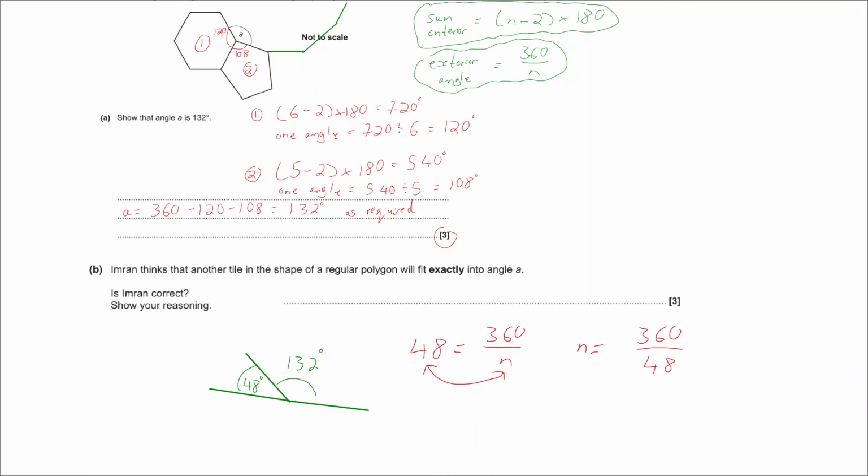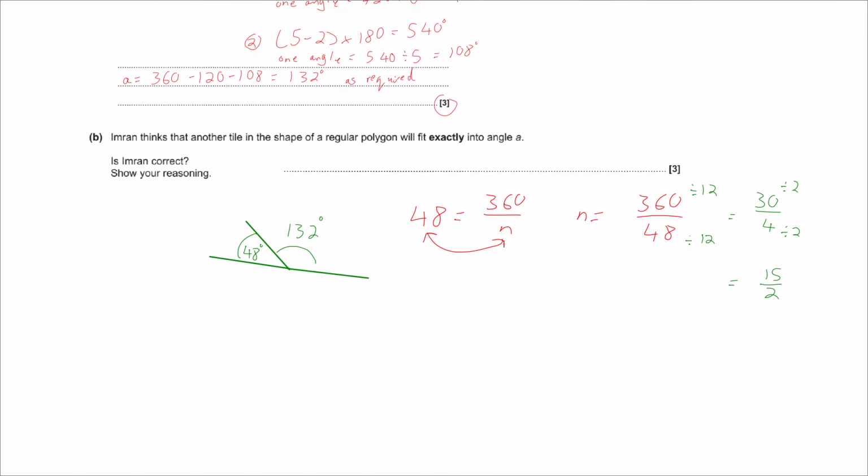Actually 12 is a common factor, so I can divide by 12 and divide by 12. Well, 360 divided by 12 is going to be equal to 30. So 30 over 48 divided by 12 is going to be equal to 4. I can halve both of these, divide that by 2, and divide that by 2 again to give me 15 over 2.